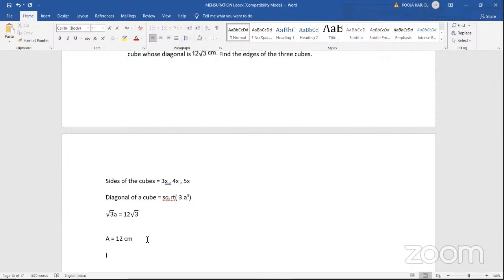So 3x whole cube plus 4x cube plus 5x cube is equal to 12 cube. Formula for volume of the cube is a cube, correct?